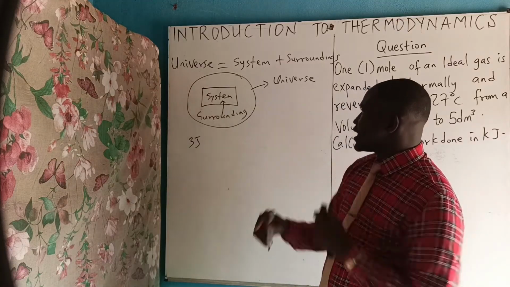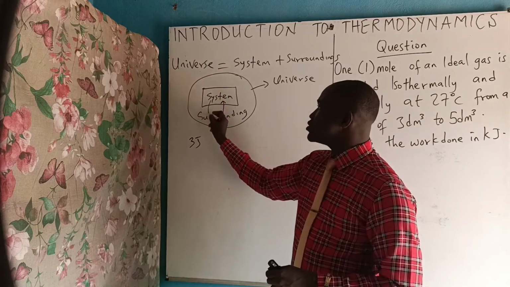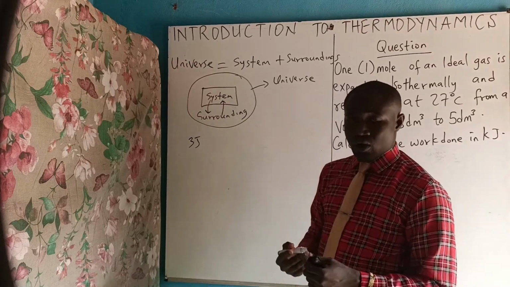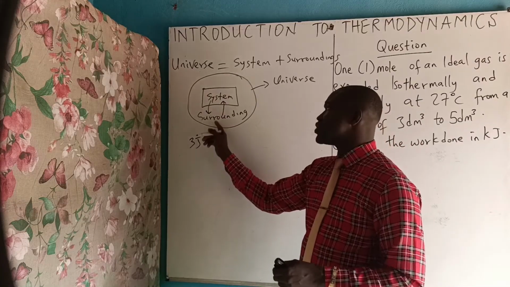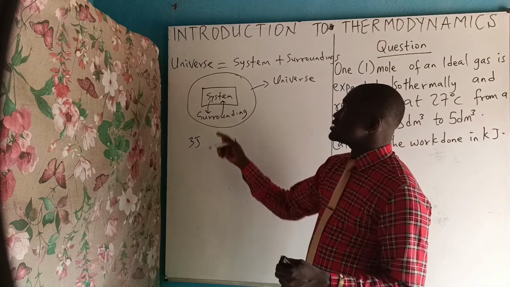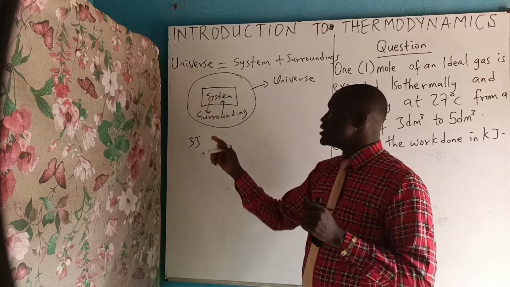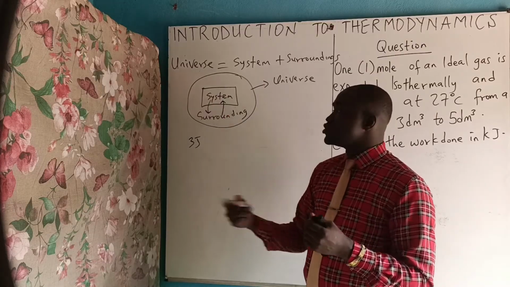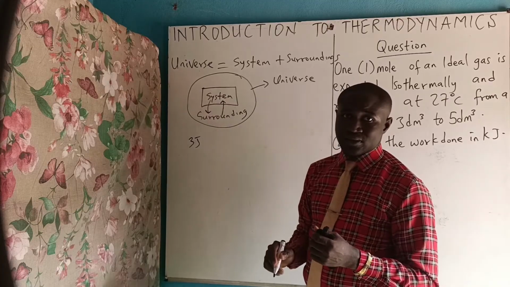Take again. Assuming that the system loses its own energy to the surrounding, that same thing will occur as well. That means if the system loses 3 joules of energy, the surrounding will gain it and use it. And so it means that the energy that the system felt that it has lost, the surrounding gains. So it transforms from energy in the system to energy in surrounding. Are you getting it?